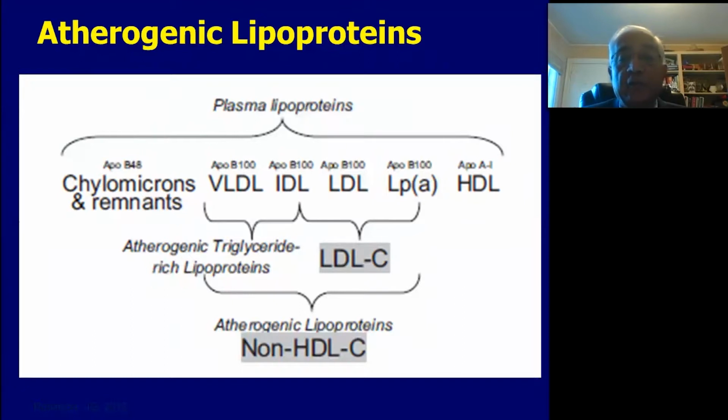Calculating non-HDL cholesterol is a very good index of atherogenic particles, in addition to LDL cholesterol, which is the most atherogenic particle, which we always measure. So just keep that information in the background when we talk about various clinical trials and the current state of our understanding of lipoproteins.